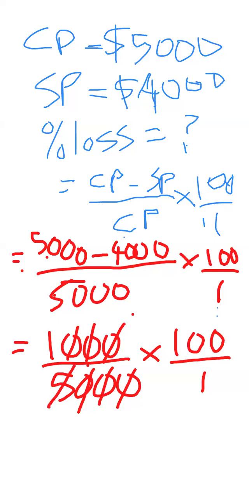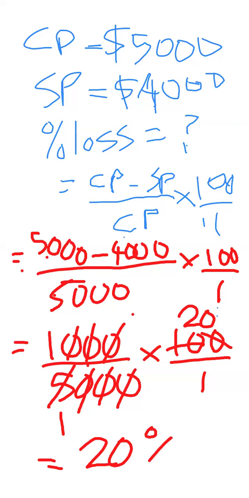So 5 can take itself out one time. 5 in 10 is 2. In 0 is 0. So that's 20. So all we're left with is 20, isn't it? So the final answer is 20%. Did you get that? Excellent.